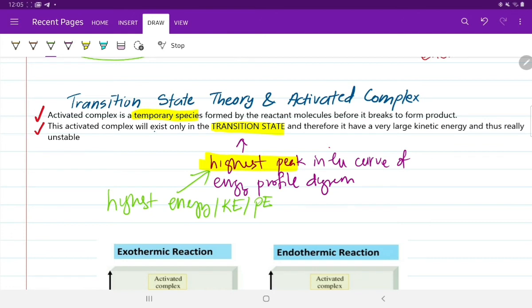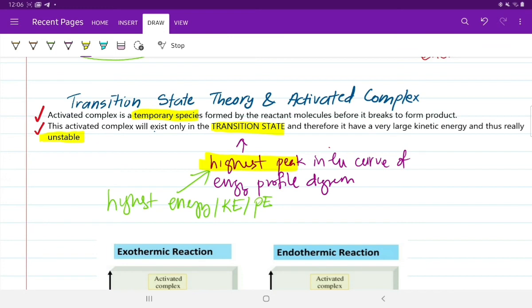Since it has the largest kinetic energy or potential energy, it's really unstable. So your activated complex only exists for a certain period of time, only for a couple of seconds before it breaks down to form product.